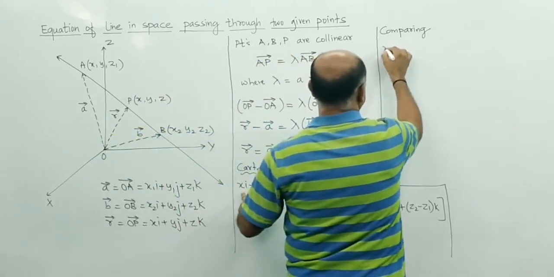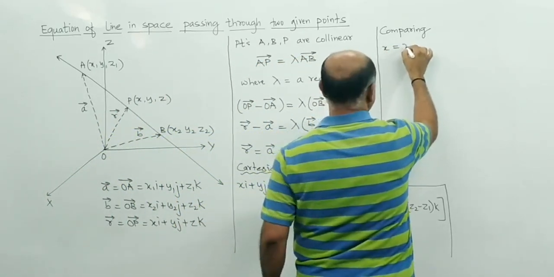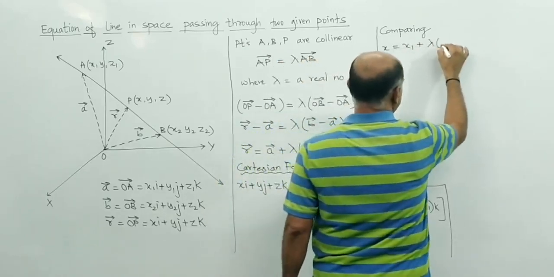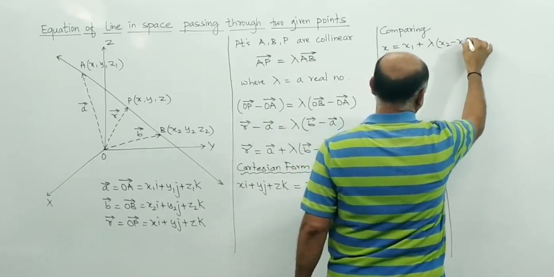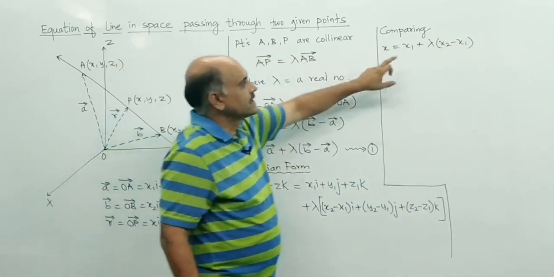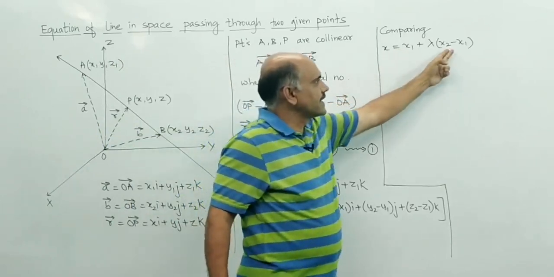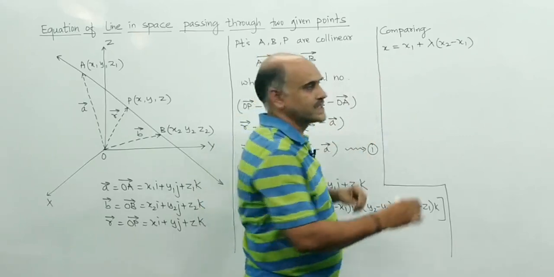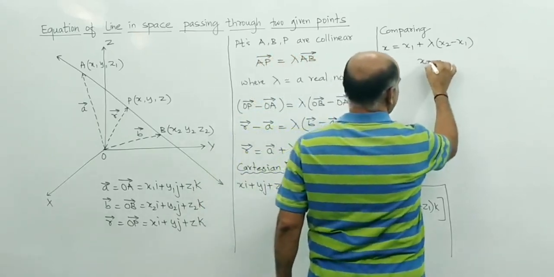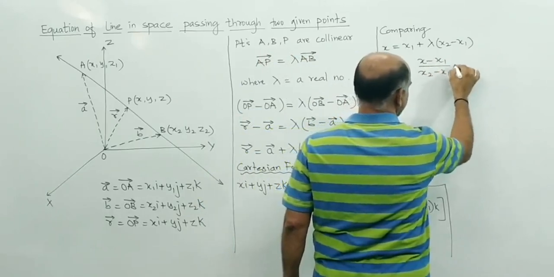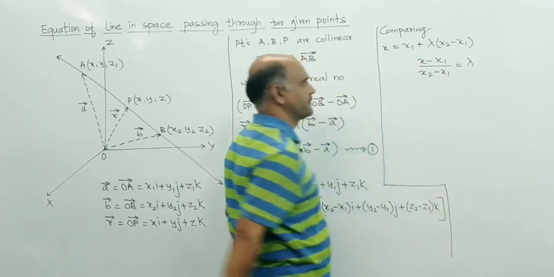Now take x1 to the LHS and divide, and you will have (x minus x1) divided by (x2 minus x1) is equal to lambda.